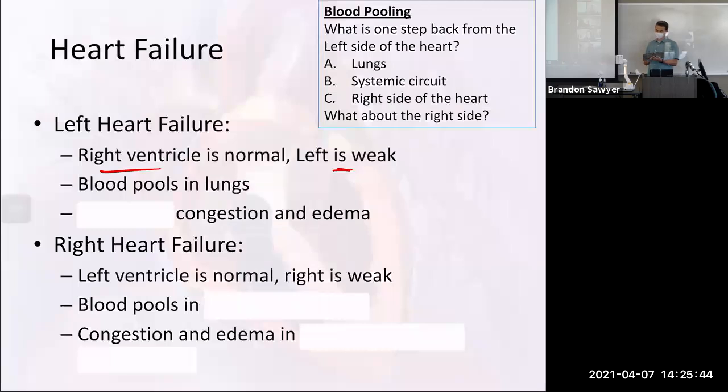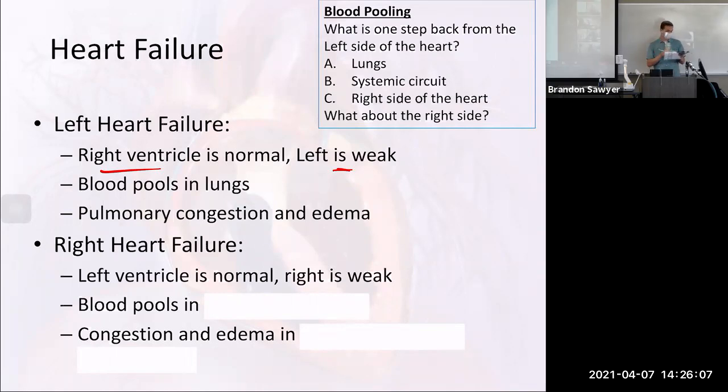So where would that be here? That would be in the lungs, right? Because the blood's coming from the lungs to the left side of the heart, okay? So if you got a bunch of blood kind of filling the left side of the heart because it's not strong enough to get it out, then eventually it starts making its way back towards the lungs and you end up with pulmonary edema, right? Okay, so you get pulmonary congestion, pulmonary edema, which is just fluid buildup in the lungs, okay?